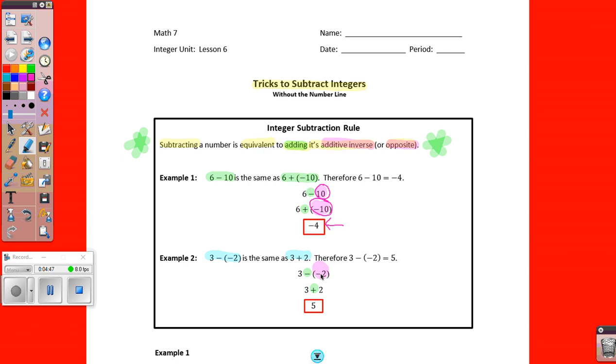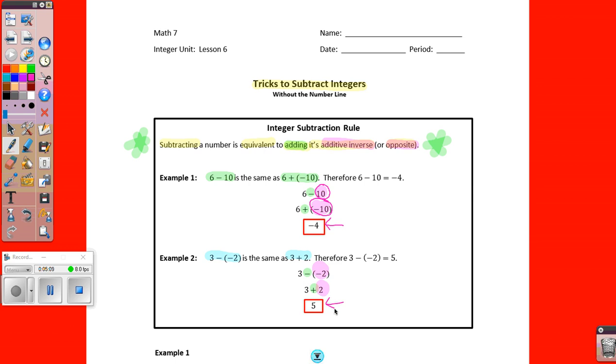The opposite of negative 2 is positive 2. As crazy as this may seem, 3 minus negative 2 is the same as 3 plus 2. And that's a much easier problem for us to look at and figure out. 3 plus 2 is 5. So your final answer for example 2 is 5.